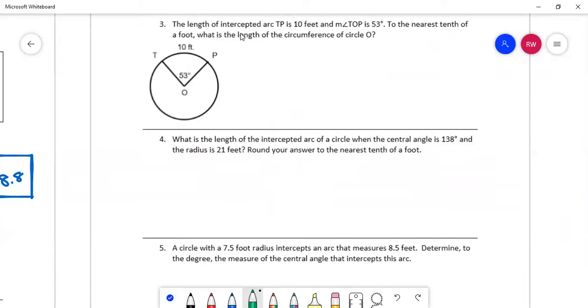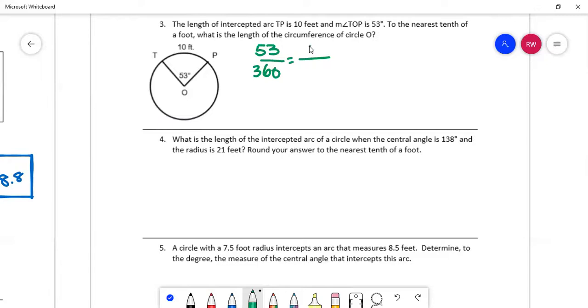The length of intercepted arc TP is 10 feet. So there's 10 feet. The measure of angle TOP is 53 degrees. To the nearest tenth of a foot, what is the length of the circumference of circle O? So I want to find the circumference. Set up my proportion. 360 goes down here. My central angle, 53.